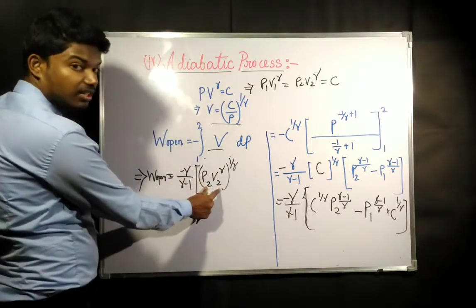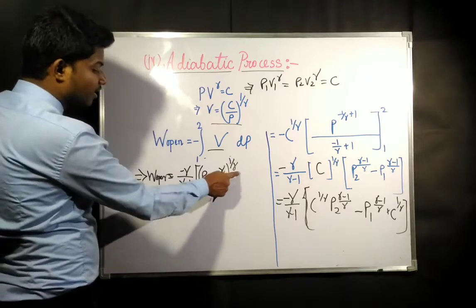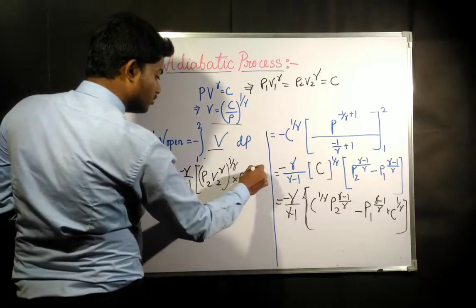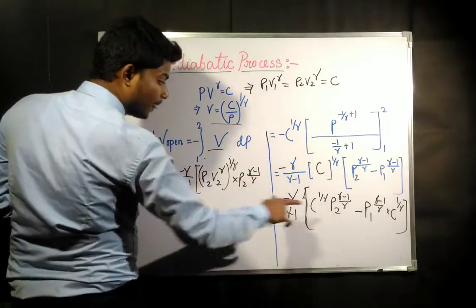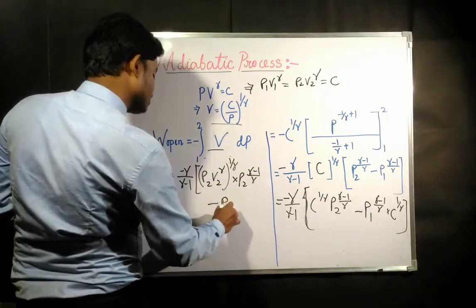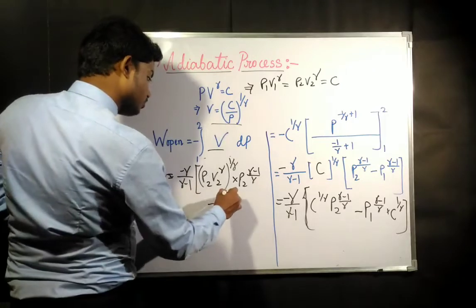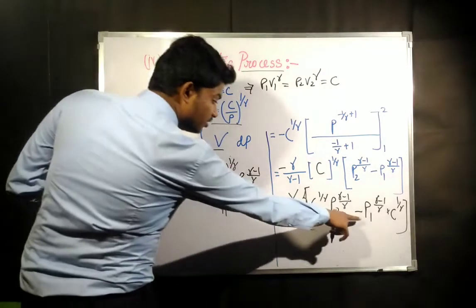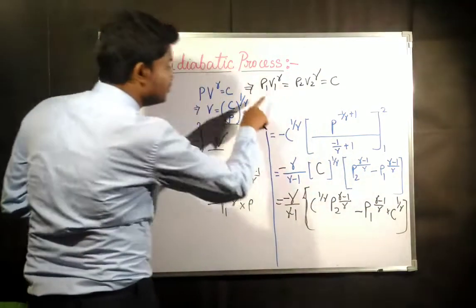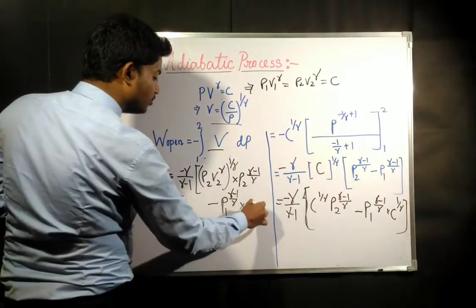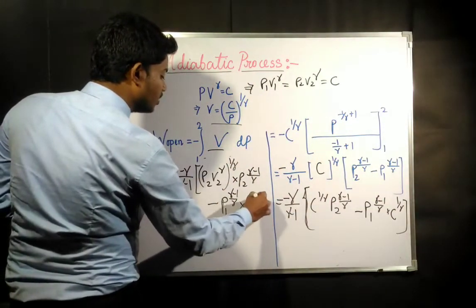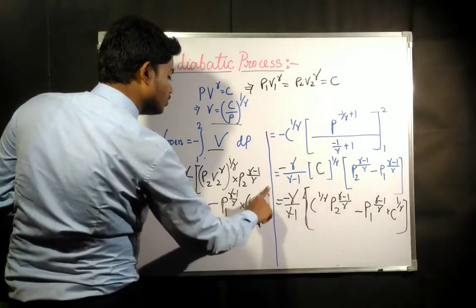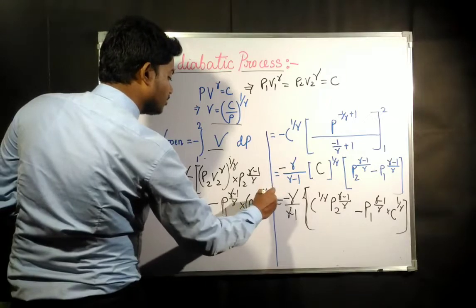This part is C to the power 1 by gamma, into P2 to the power gamma minus 1 by gamma. And if you substitute this, then minus P1 to the power gamma minus 1 by gamma into, now this is P1, so we are replacing C with P1 V1 to the power gamma, whole to the power 1 by gamma.